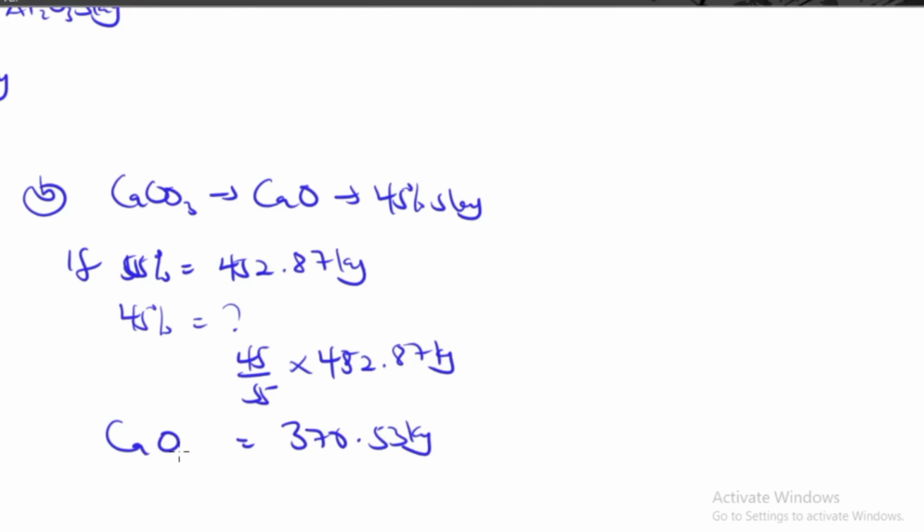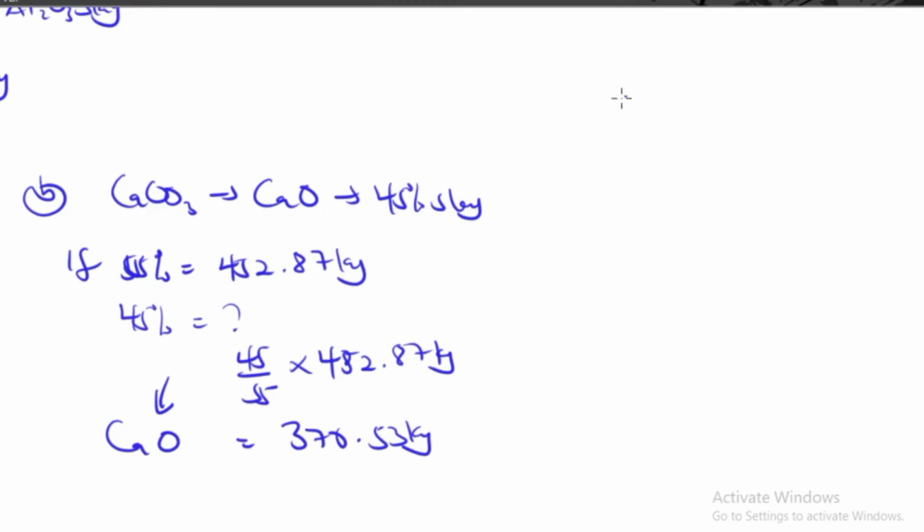And therefore, the flux we are finding here is calcium carbonate, but we have calcium oxide. So for us to find the calcium carbonate from the calcium oxide, you are going to use the mass of unknown over mass of known times the mass of known. So the 45% of the slag, which is the calcium oxide, was the calcium carbonate converted to calcium oxide.